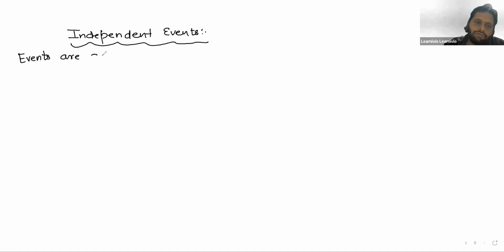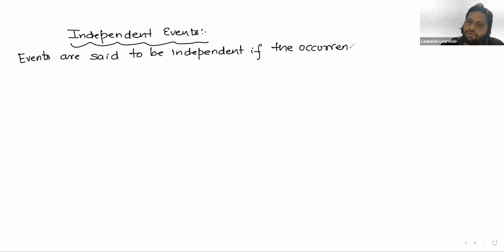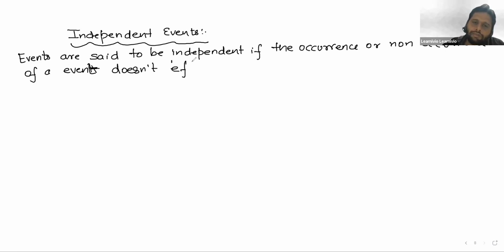Events are said to be independent if the occurrence or non-occurrence of an event does not affect the probability of the other.